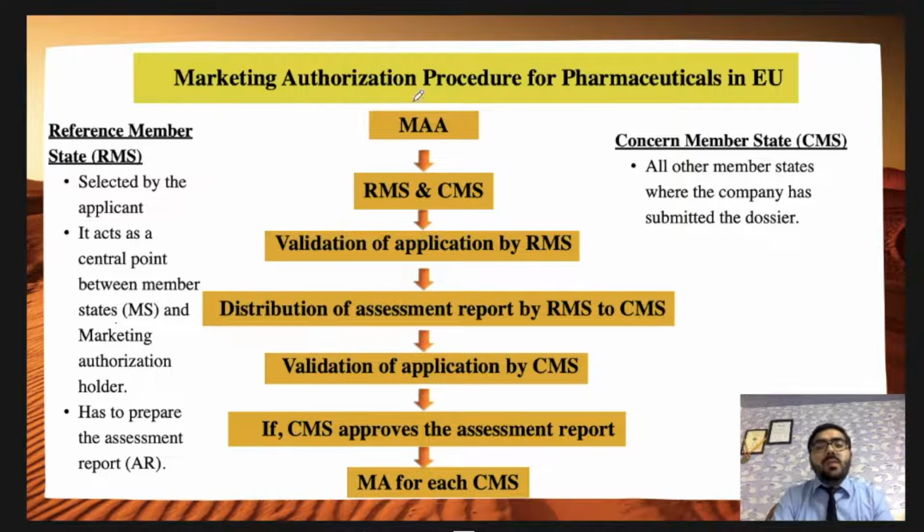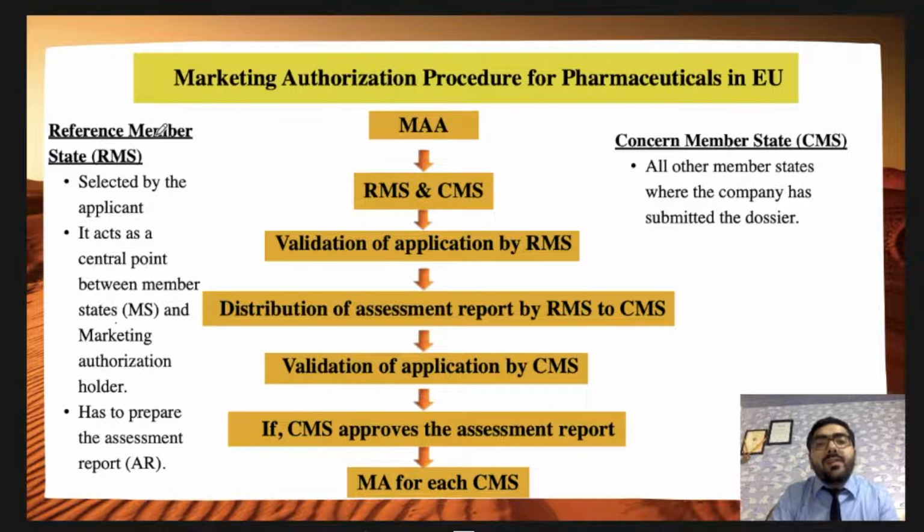Now, coming to the marketing authorization procedure for pharmaceuticals in Europe. So, how does the product actually go to the market? This is the procedure. The first step is to file the marketing authorization application. Then there will be the RMS and CMS. What is RMS?